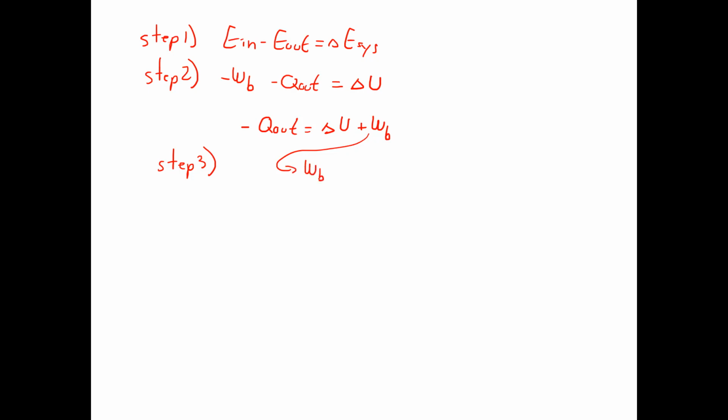In this case, I have a constant pressure system, right? So that means my boundary work is going to be pressure times change in volume, or more specifically, mass times pressure times change in specific volume.